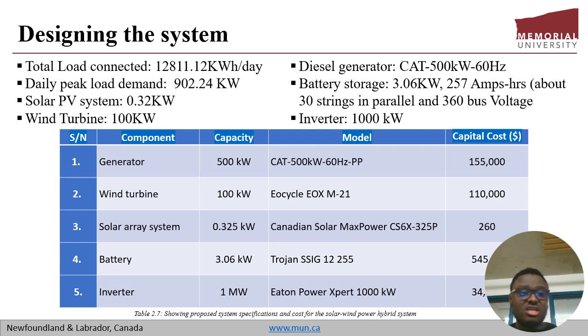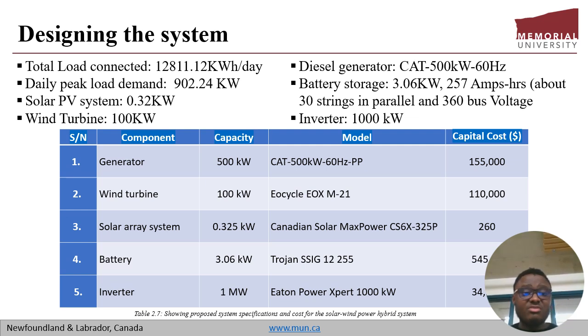We can see each of the equipment, the load per day, as well as the exact capacity of each particular equipment. Taking us through, you can see the total load connected, which is about 12,811.12 kilowatt hours per day. Our daily peak load is about 902.24 kilowatts, which I explained before.